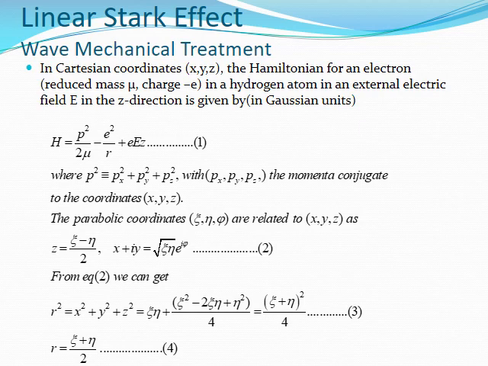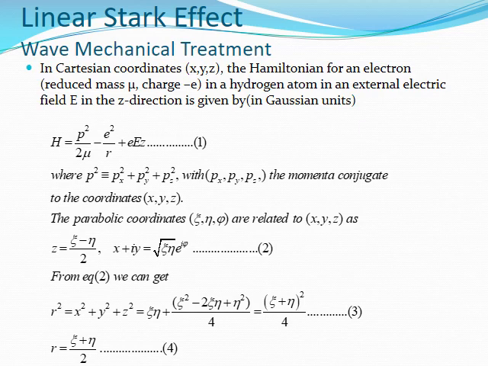The parabolic coordinates xi, eta, phi are related to x, y, z as z is equal to (xi minus eta) upon 2, x plus iy is equal to square root of xi eta into e to the power i phi. This is equation 2.